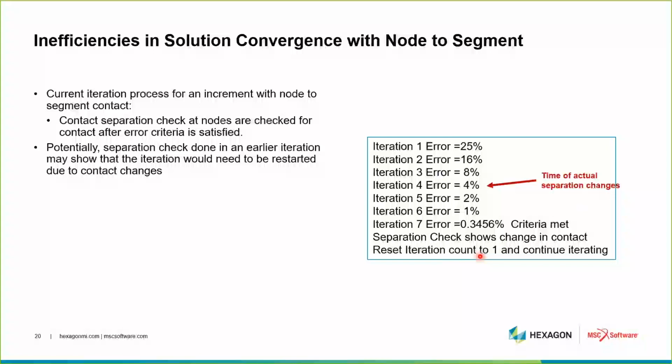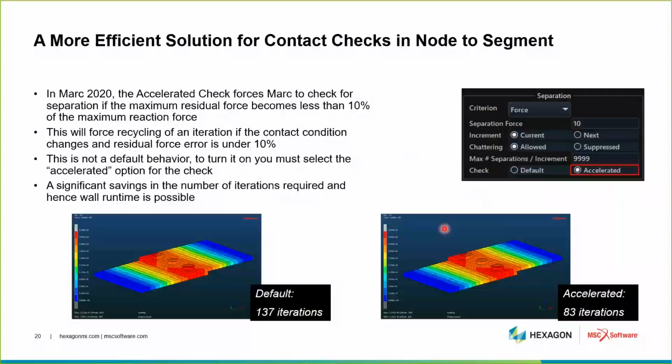The problem is that maybe earlier, at a relatively small amount of error, we actually saw the separation change, and there's a good chance that iterations 5, 6, and 7 were just iterating on a condition that was not actually going to be valid anymore because the separation changed earlier. So in doing this, we implemented a new accelerated check, right?